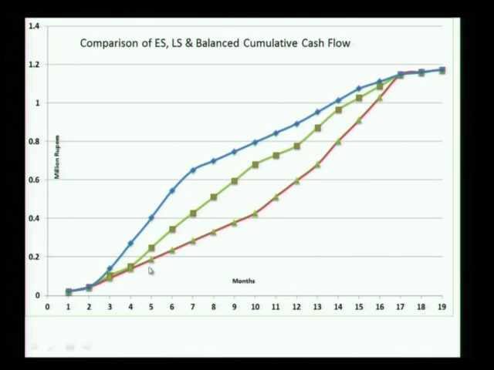You get an envelope: the early start curve, the late start curve, and in this particular case we have decided a cash flow which is in between, and all of the other flows, so long as we are within the floats, will be between these 2 extremes.